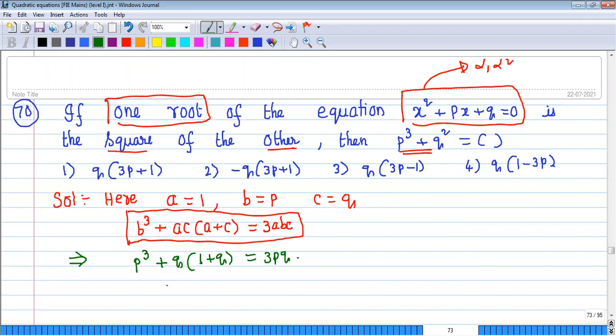So now p cube plus q into q is q square, q into 1 is q, take it to the right hand side: 3pq minus q. Now take q common, we get q times 3p minus 1. So which is the right option now? The third option.